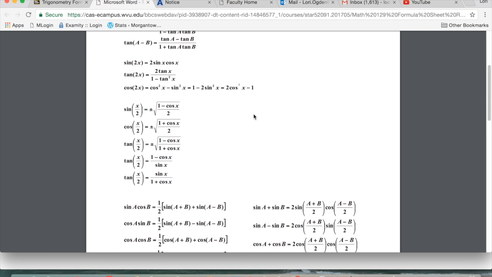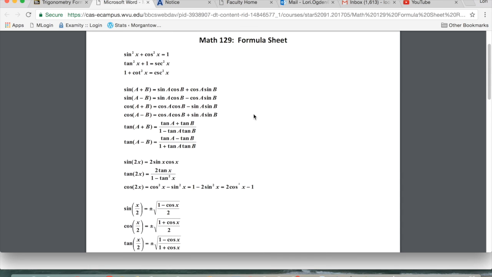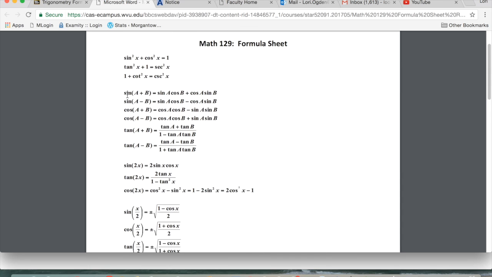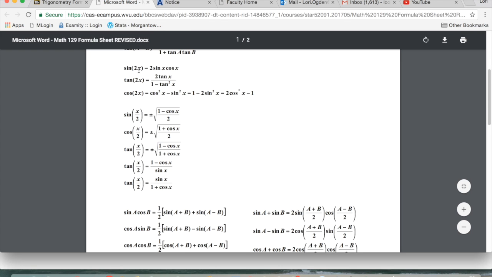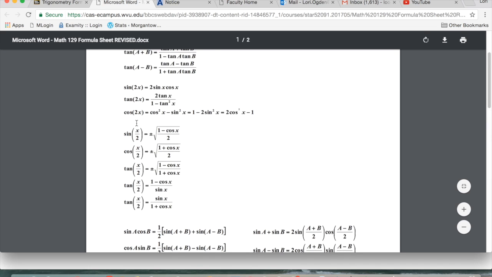You can kind of scan these. Like you might be solving an equation in a different example that involves one of the functions of the sum of angles, in which case you could make a substitution. You might be solving for a double angle, in which case you could make a substitution, or a half angle.